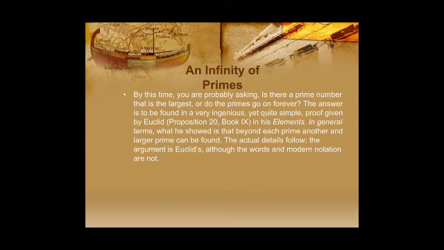In general terms, what he shows is that beyond any prime another and larger prime can be found. The actual details follow. The argument is Euclid's, although the words and modern notation are not.